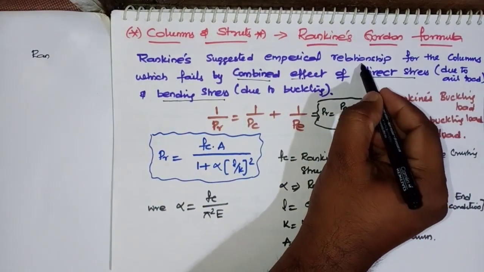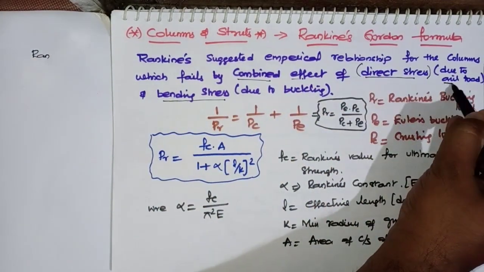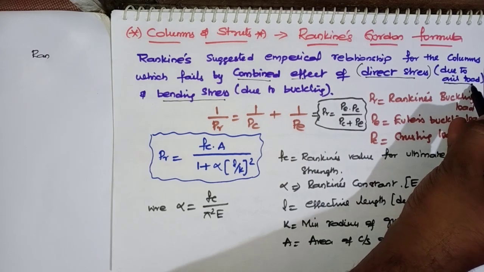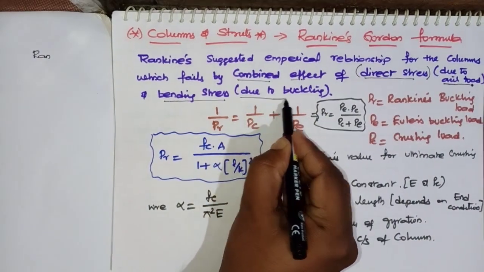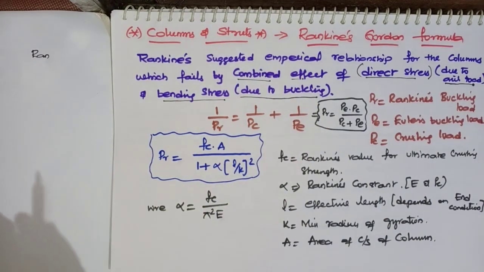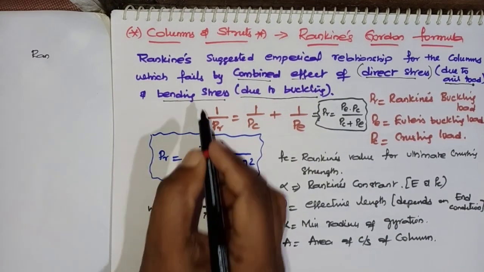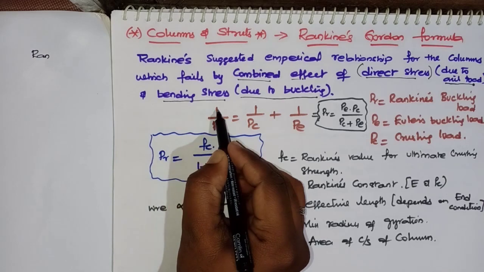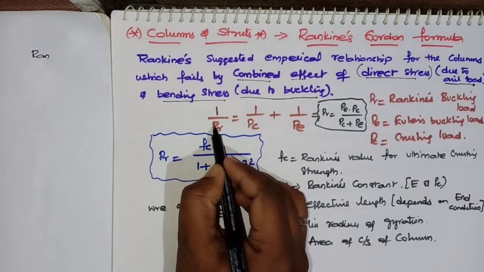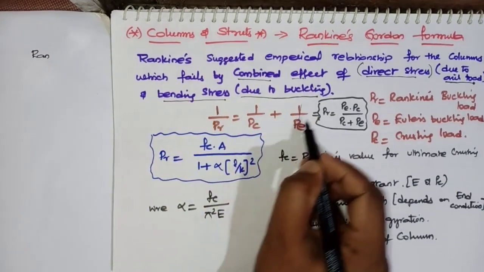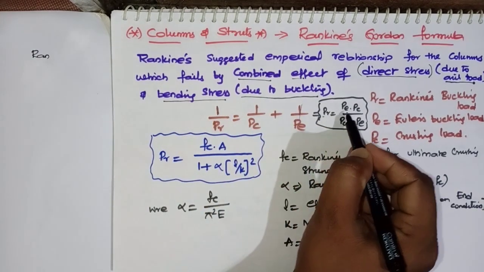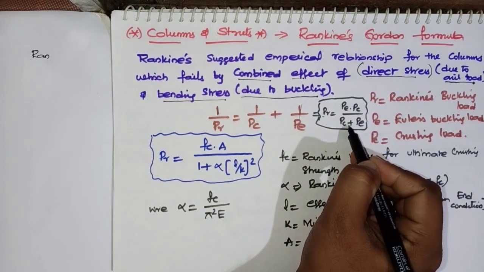The direct stresses are formed due to axial loads, and the bending stresses are due to buckling. So there is one relationship, 1 by PR equals 1 by PC plus 1 by PE. If you solve this, you will get PR equals PE into PC by PC plus PE.